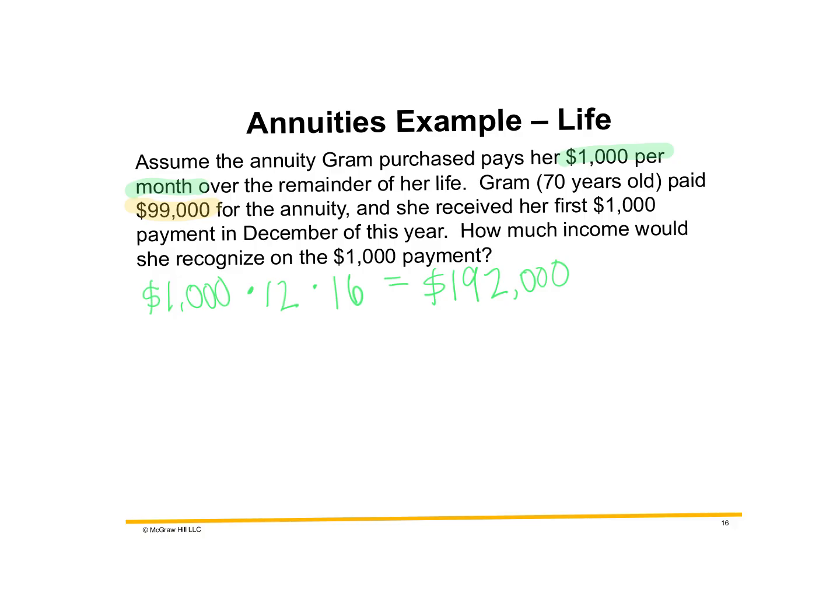So then, to calculate the return of capital, we're going to use that ratio from a few slides back, where we're going to take our original investment, the $99,000, and then we are going to divide that by our expected return of 192,000.